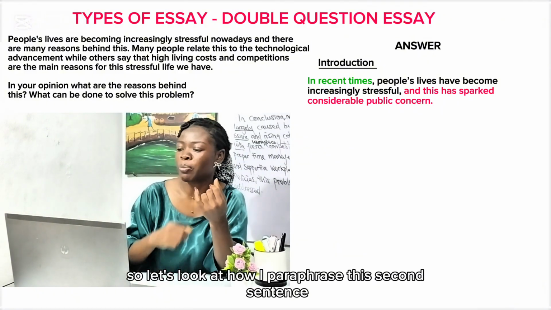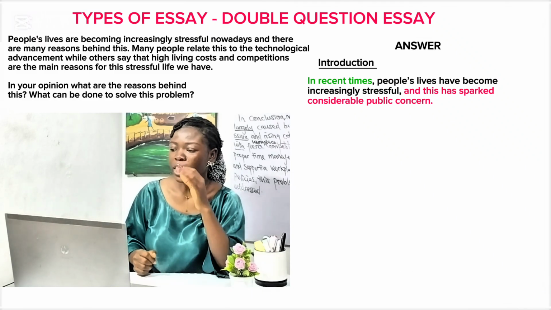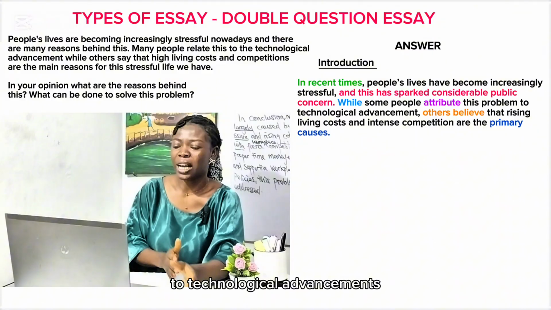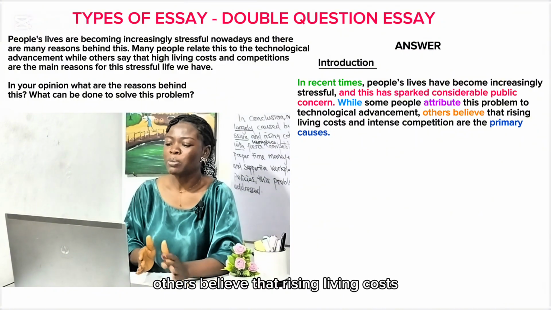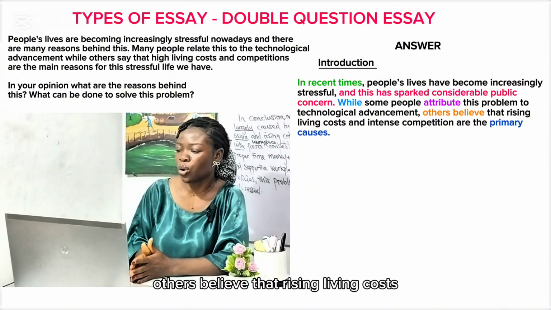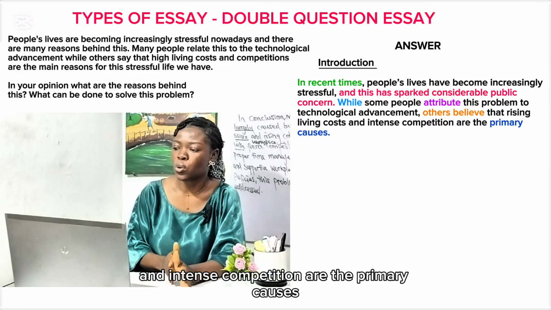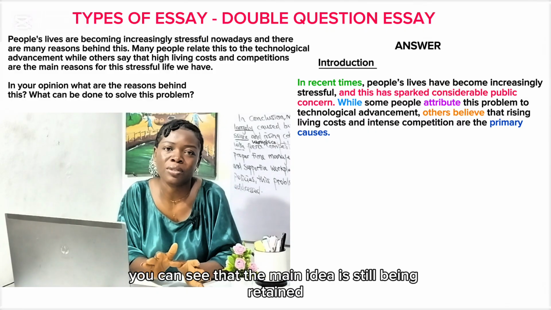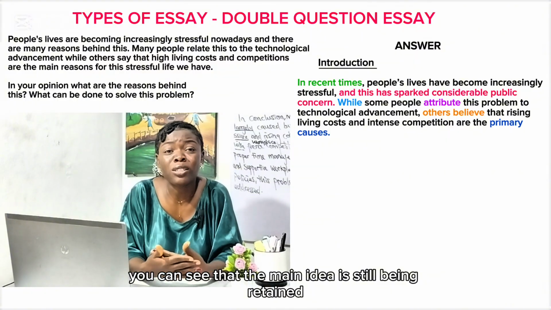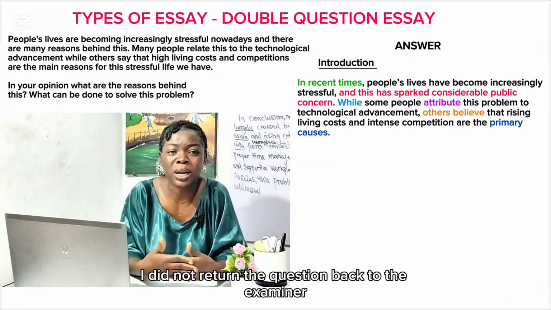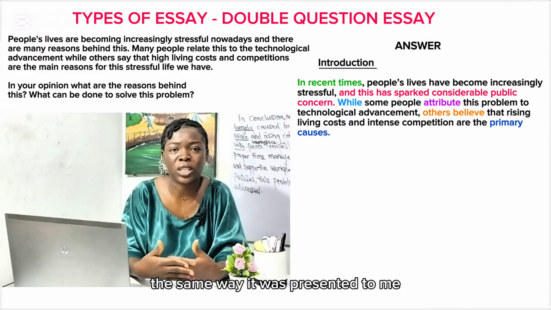So let's look at how I paraphrase the second sentence. While some people attribute this problem to technological advancements, others believe that rising living costs and intense competition are the primary causes. You can see that the main idea is still being retained, and yet I did not return the question back to the examiner the same way it was presented to me.